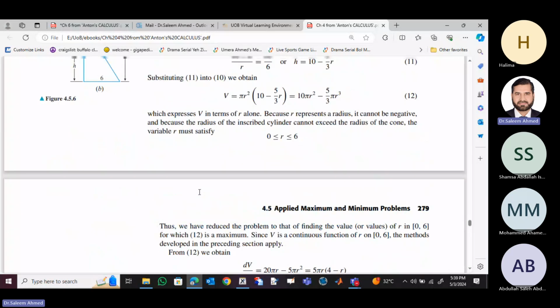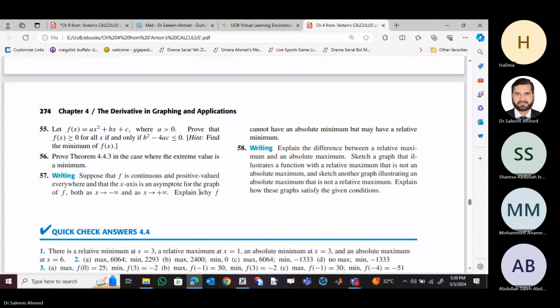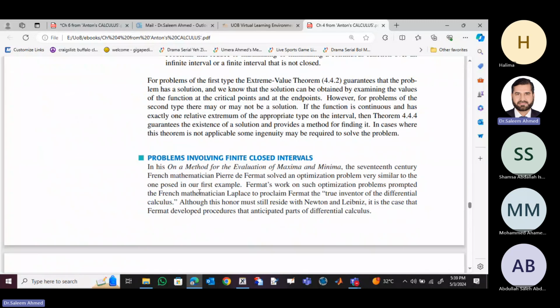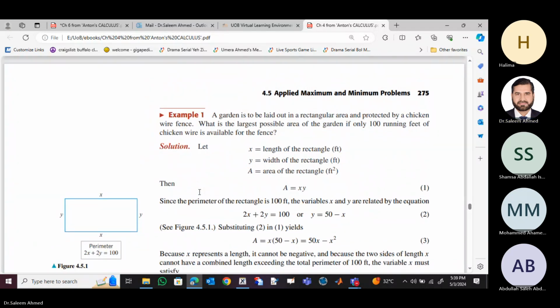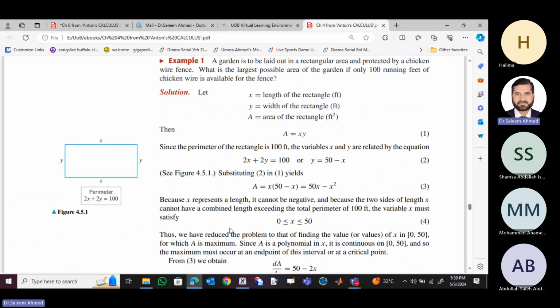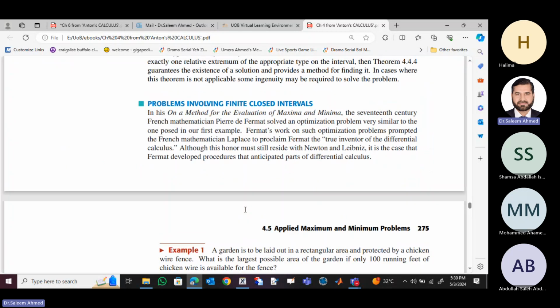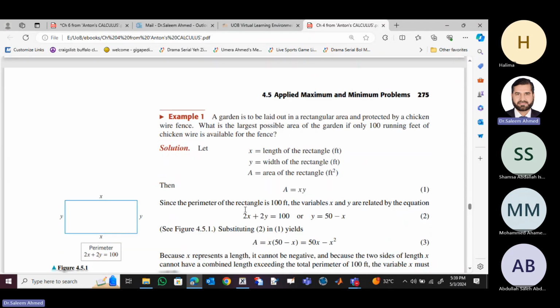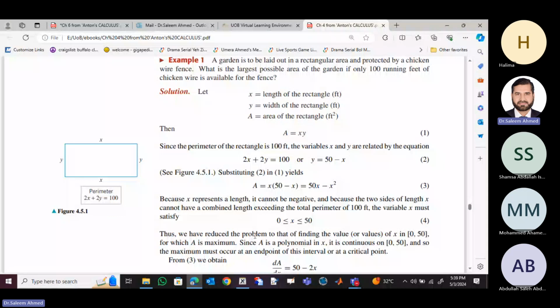So maybe I can do that. Let's say first I did these. If you look at the videos that I posted on Moodle, we did these in detail. Example 1 on page 4.5, 275.